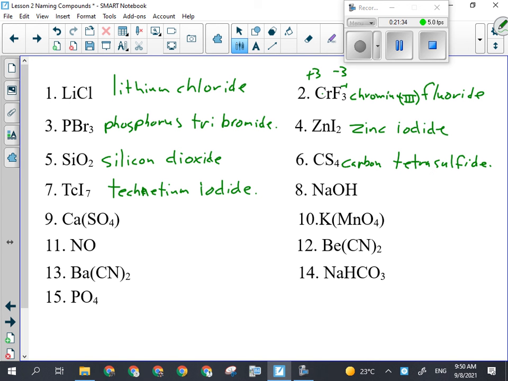Number 8, ionic or molecular? Ionic. Sodium is a metal. But it does have a polyatomic ion in it. How do we know this? Well, there's more than 2 elements in that compound. If there's more than 2 elements, then it's likely, especially if it's got a metal to start it, a polyatomic ion. So I've got to go with my ionic naming rules.